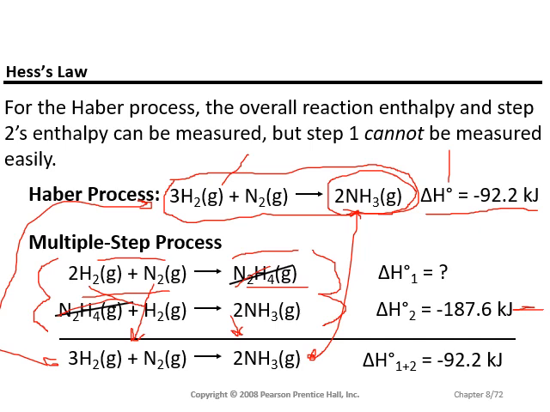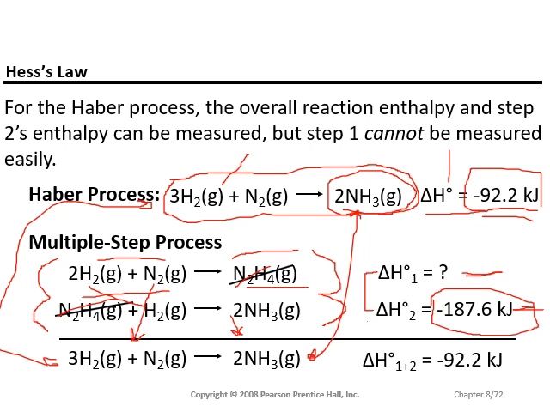But they couldn't figure out what the delta H was for the first step, but all you have to do is realize that if you add this step's delta H to this step's delta H, you should get the delta H for the combined reaction, which is this one. So in other words, if you start with this one, which is minus 92.2, and subtract away this one, you're going to get the one on the top. And so anyway, it's very simple, but it's called Hess's law.